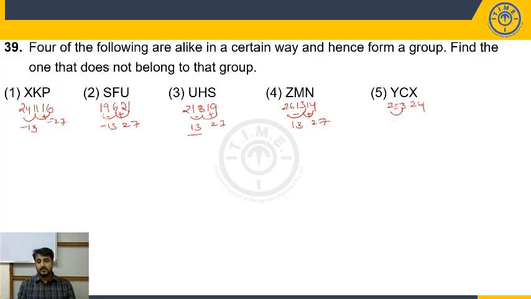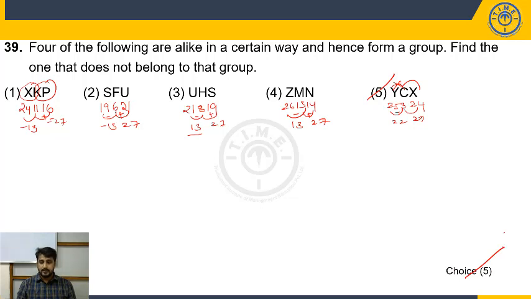Here 25, 3: the difference is 22, and the sum is 28. It is an opposite pair, but this is not a corresponding pair. So choice 5. The first and second letter pair is a corresponding pair, and the second and third letter pair is an opposite pair. It is followed in every option except in choice 5.